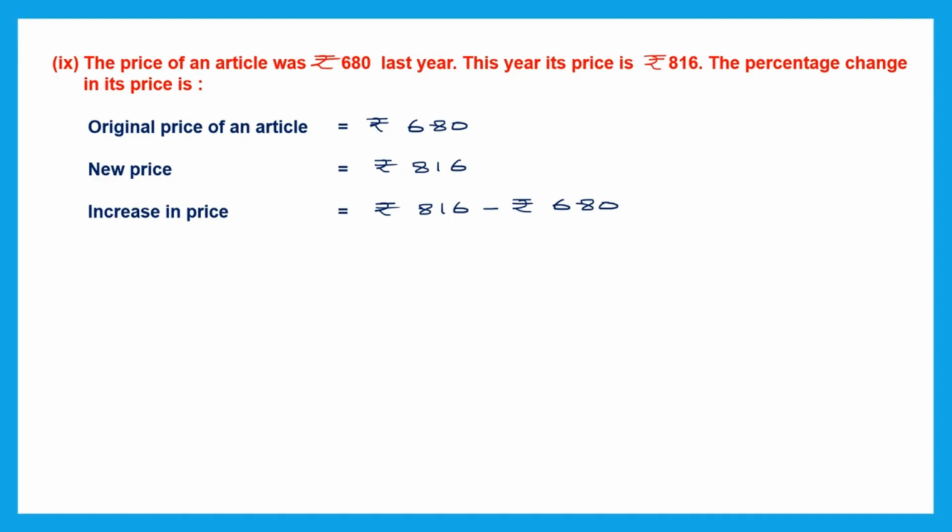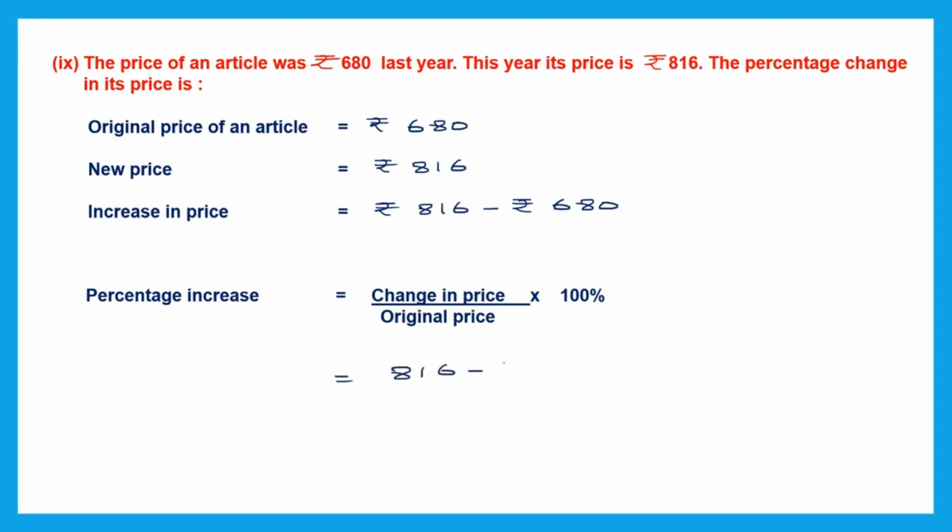Now we are asked to find the percentage change. So for that the formula is the increase in price by the original price. So let's write that first. So what is the increase in price? 816 minus 680 divided by the original price, which is 680. And now we find the percentage, that is 100%.